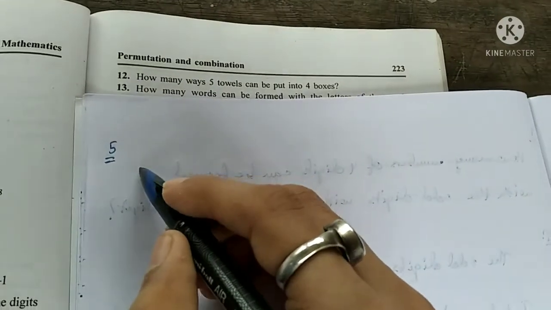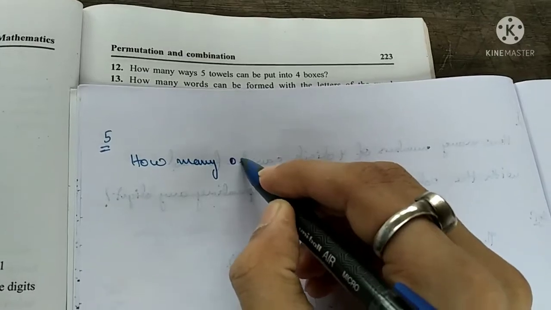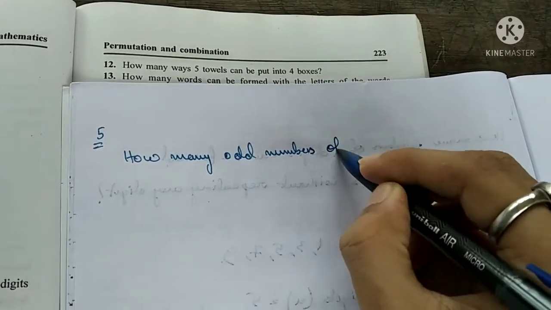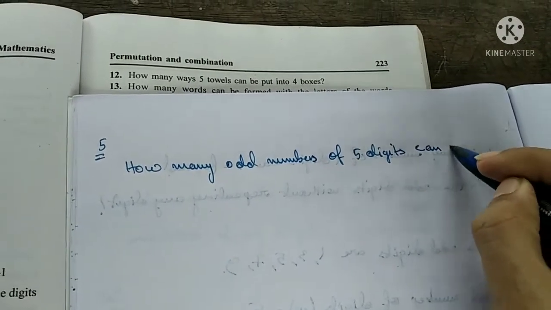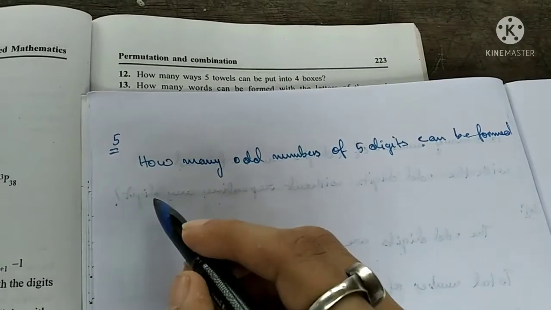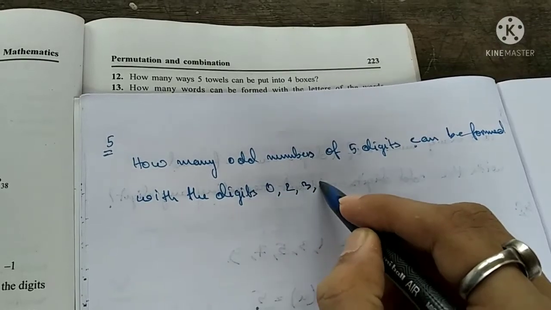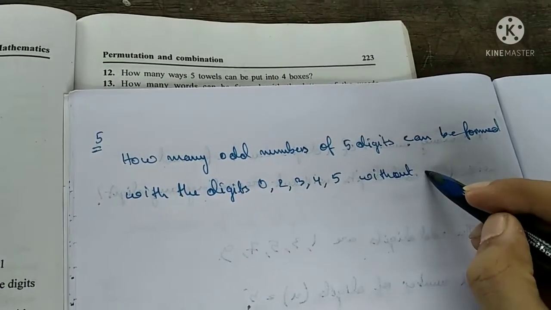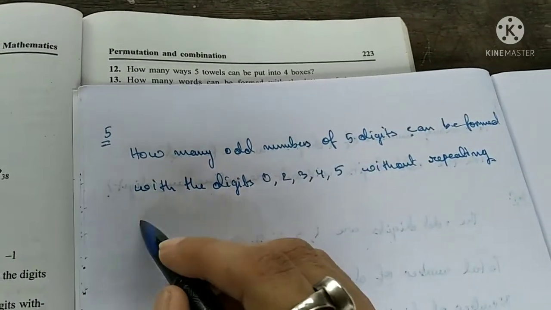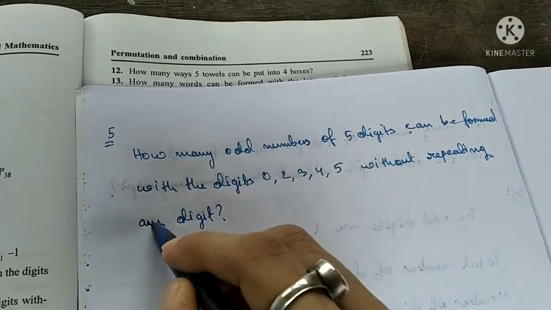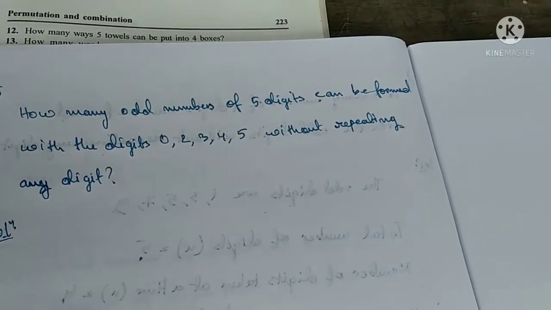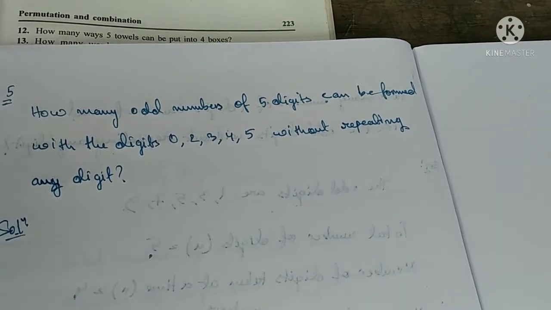Question number 5 says: how many odd numbers of 5 digits can be formed with the digits 0, 2, 3, 4, 5 without repeating any digit?